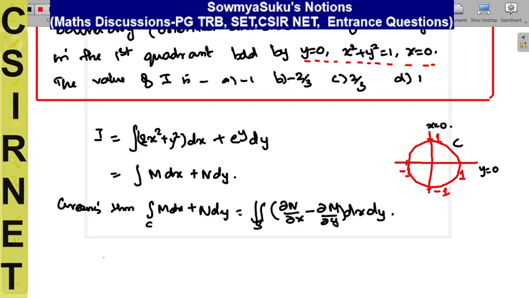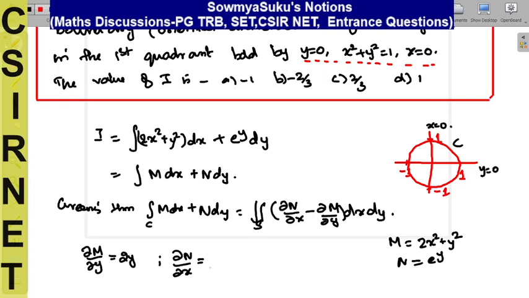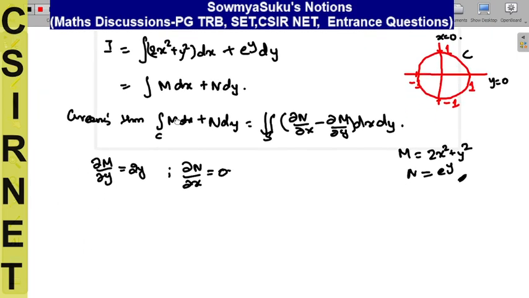Okay, so first of all we can find ∂m/∂y. Here m is equal to 2x² + y², so ∂m/∂y is equal to 2y. Similarly, ∂n/∂x, where n is equal to e^y. Here there is no x term, so that is equal to 0. Substitute these values in this integral.